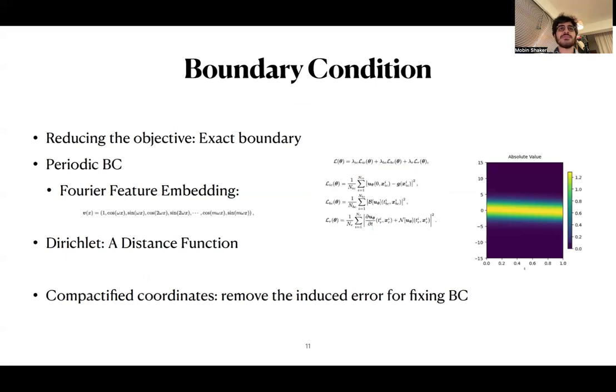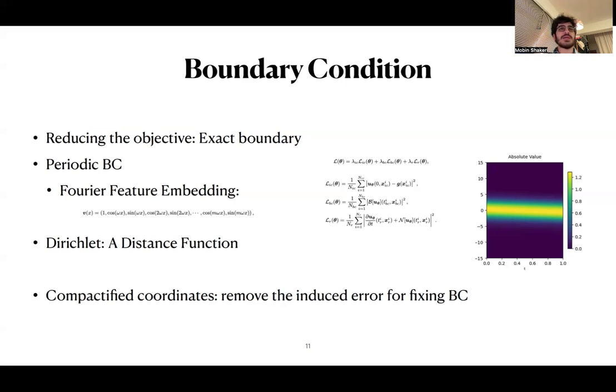For the boundary term, we aim to remove it altogether, since reducing objectives in multi-objective learning can enhance learning significantly, so we aim to do that. We can do so by altering the network architecture to implement the boundary condition. To do so, we can use different approaches based on the specific boundary conditions we're using.